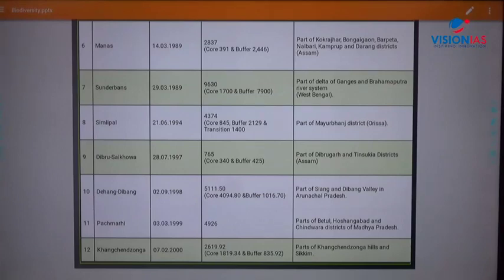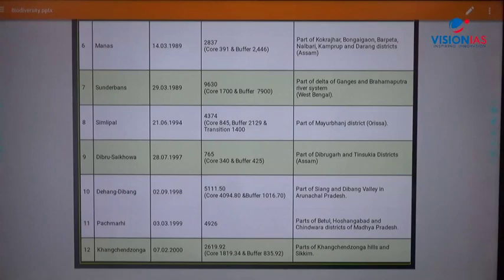You might have come across this in the great northern plains, in the physiographic features of India. The last, fourth division of the plains is called the Assam plains, right?